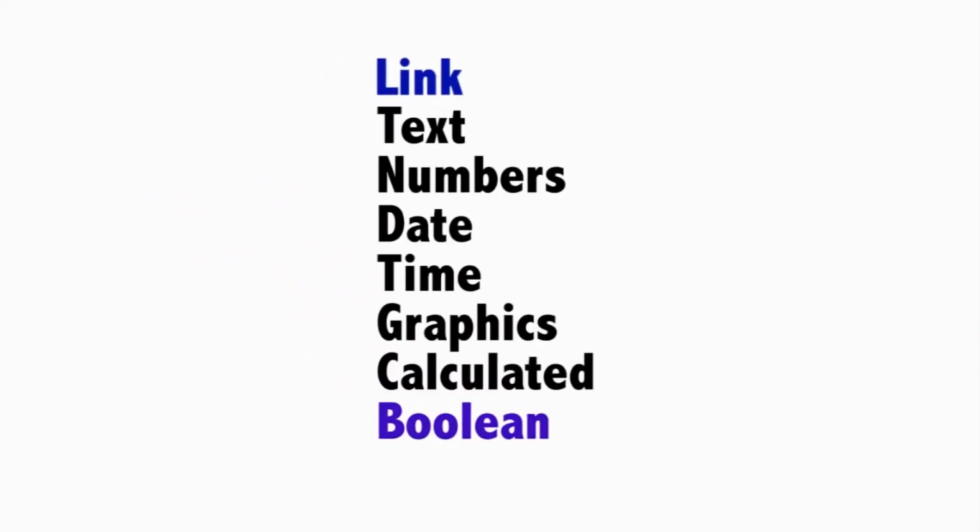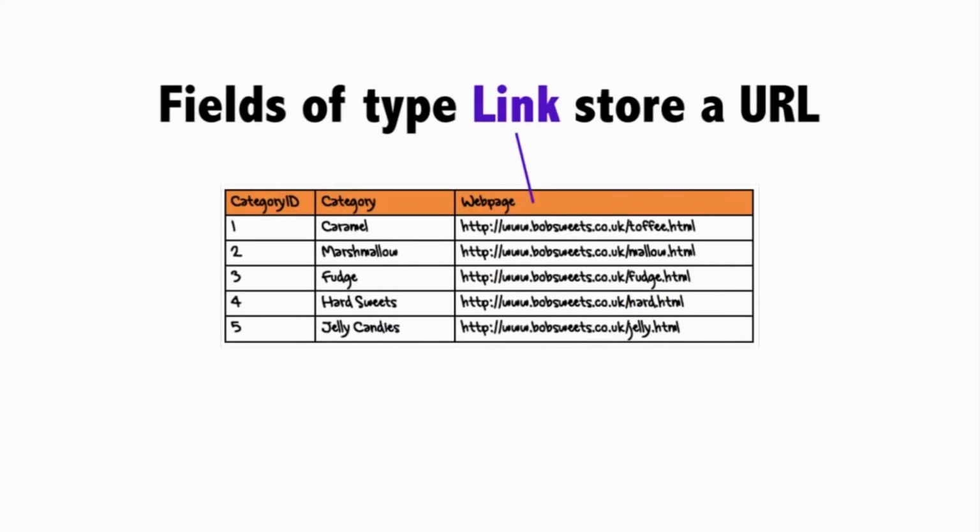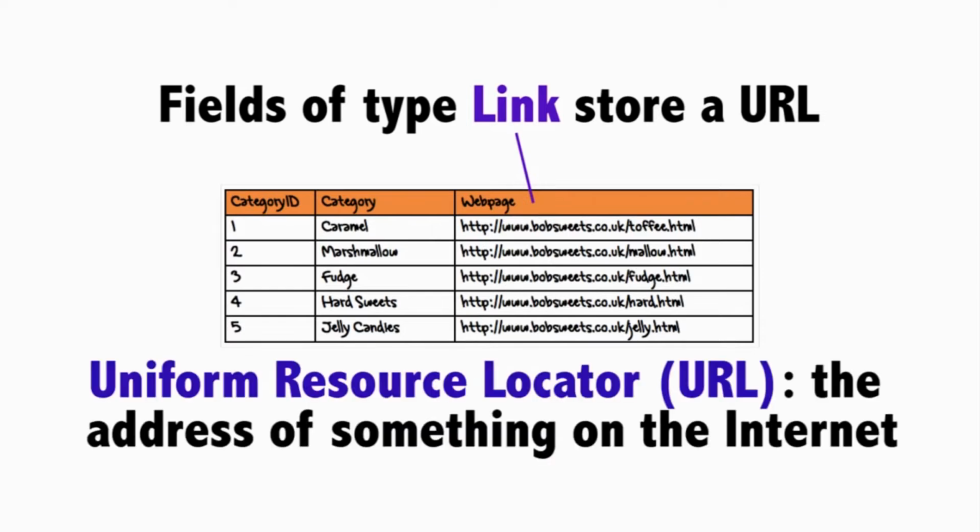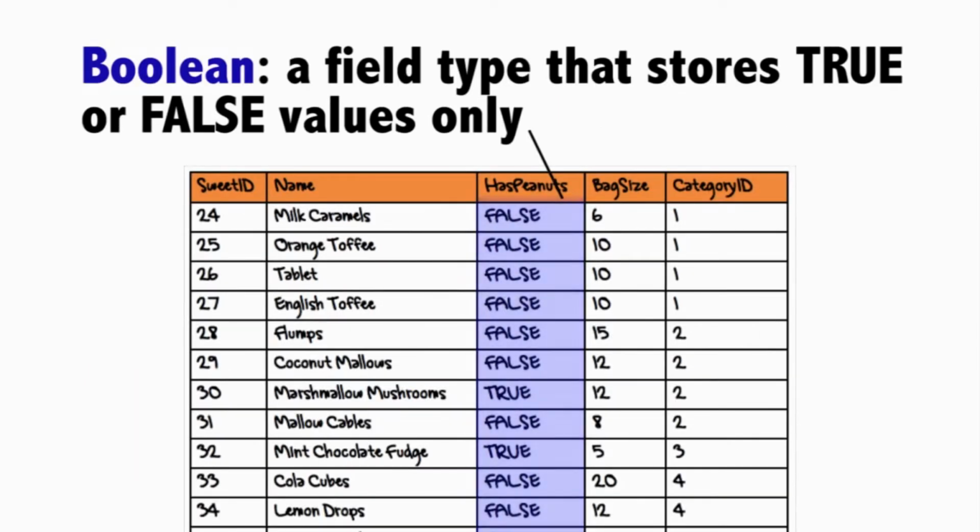Link and Boolean are 2 new field types which we can add to the 6 we already know. Fields of type link store uniform resource locators, URLs, the web addresses we use to find web pages. Boolean fields store values which can only be true or false.